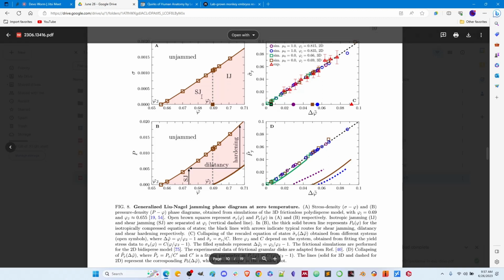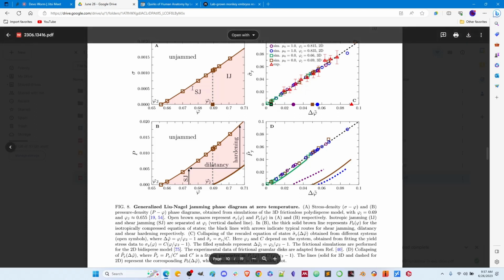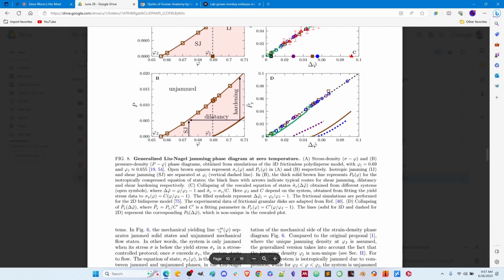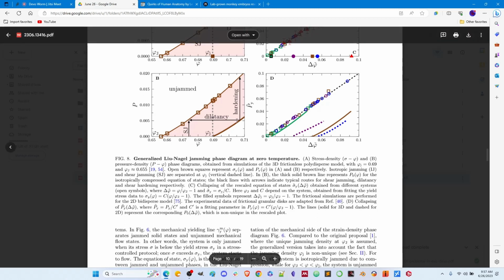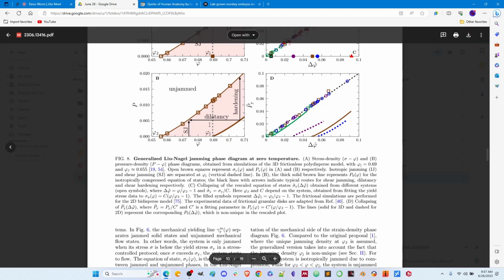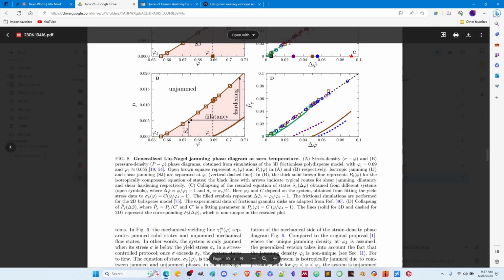Shear jamming is a different thing than isotropic jamming, and then there's the unjammed part of the graph. Then you see this process of shear jamming, dilatancy, and hardening. Even within the jammed phase, you get these different processes. Shear jamming is here, dilatancy is moving from isotropic to shear jamming, and hardening is moving within isotropic jamming.